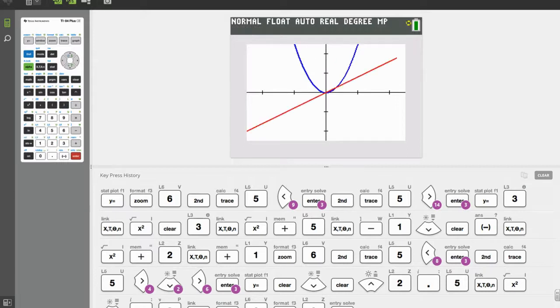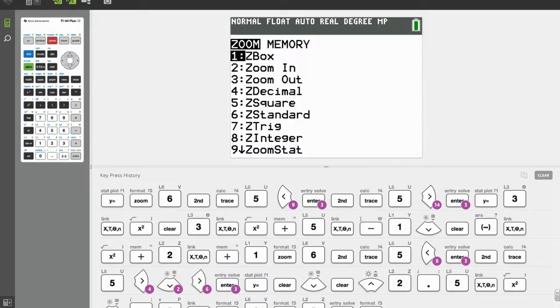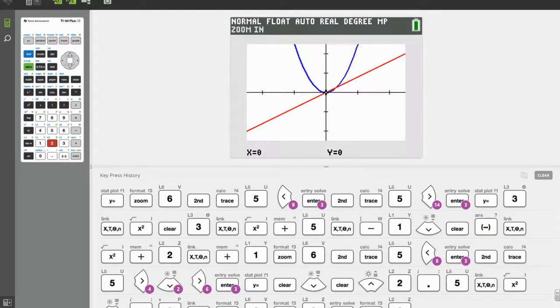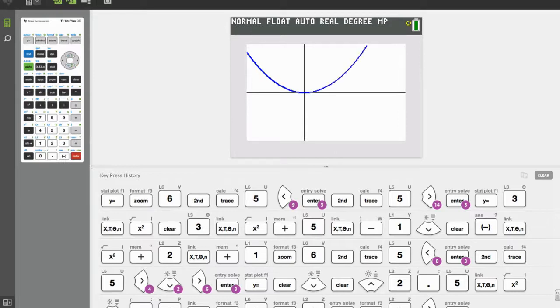Now we can see that spot a little bit better. And again, you could just barely see that it's intersecting in two places. So I'm going to zoom in one more time. Zoom number 2. I'm going to move this little spider just kind of in between where it's intersecting. That's much better.